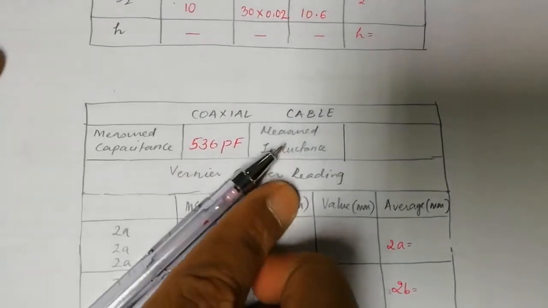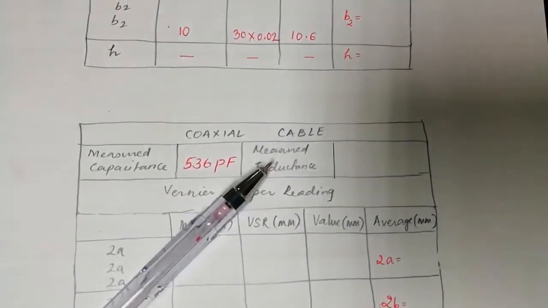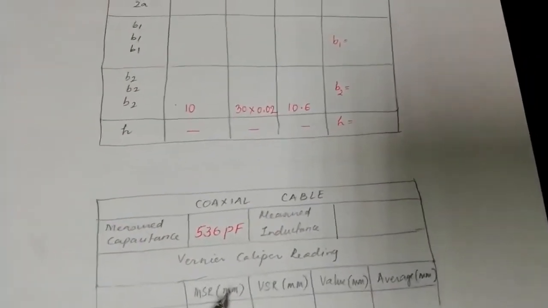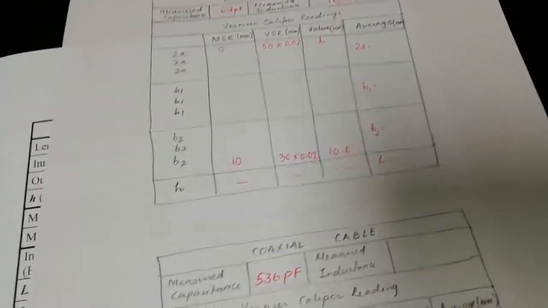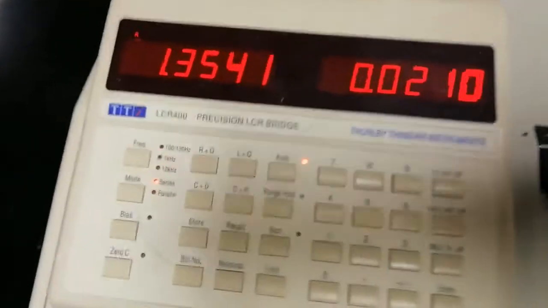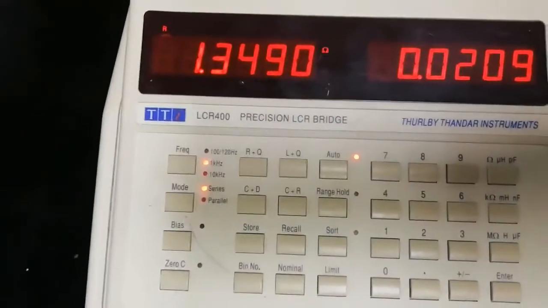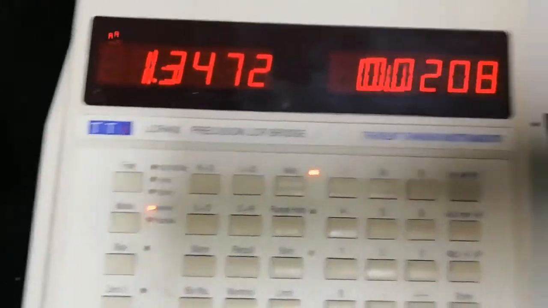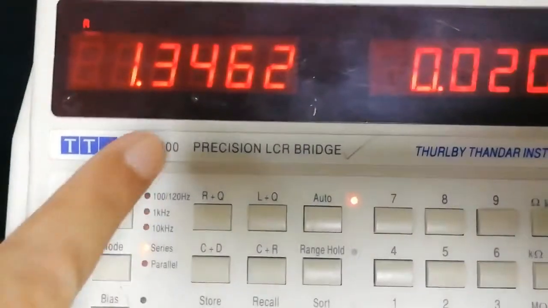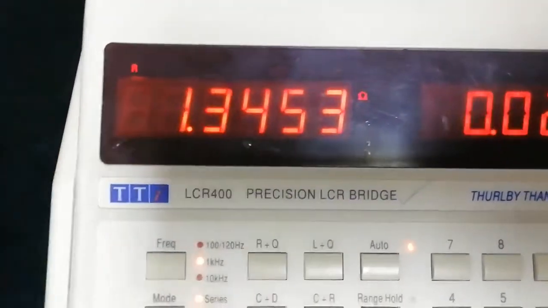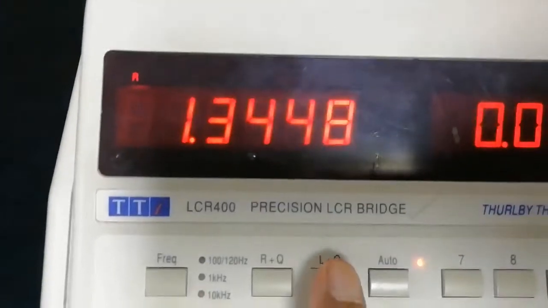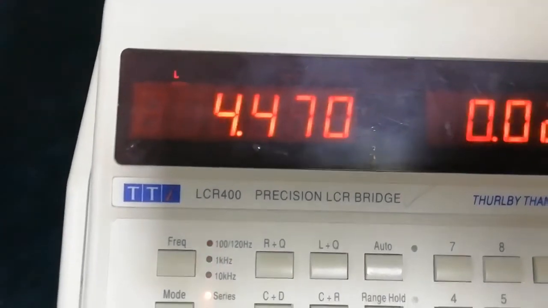And for the inductance, again I will go to the far end and short circuit it. Okay, so I have short circuited. Now it was already in auto. As you can see, now it is measuring the resistance. So in order to measure inductance, let's just press the inductance button.